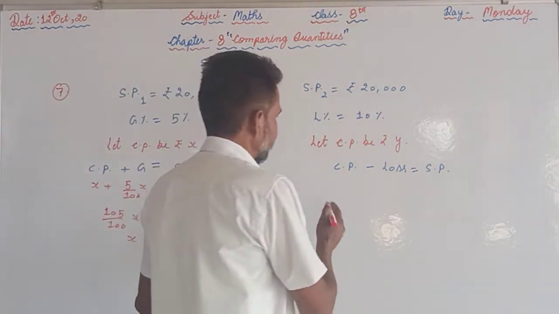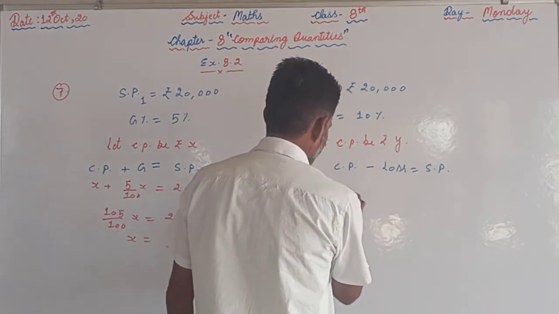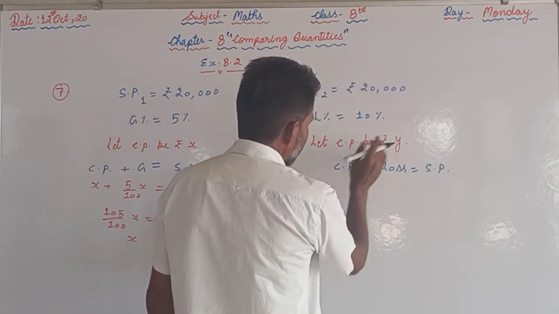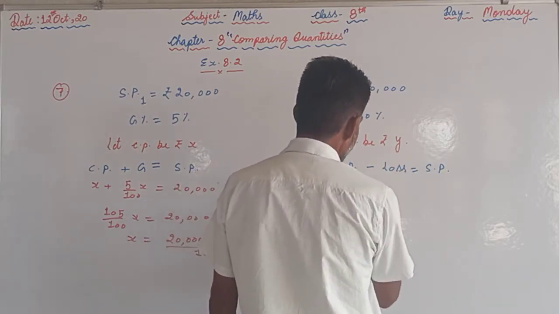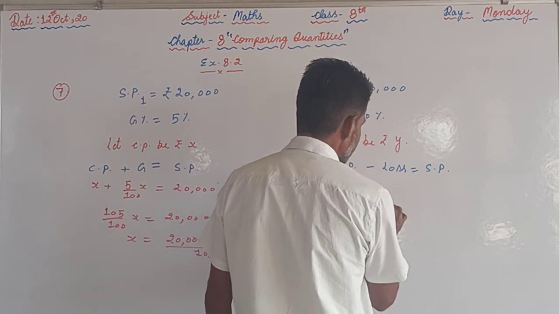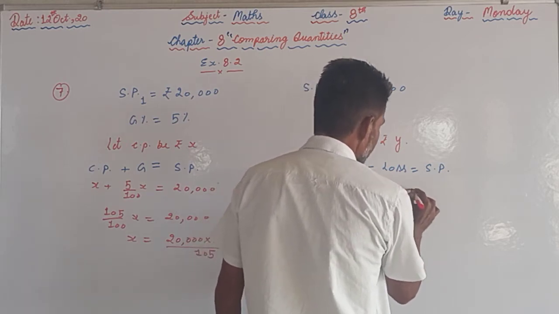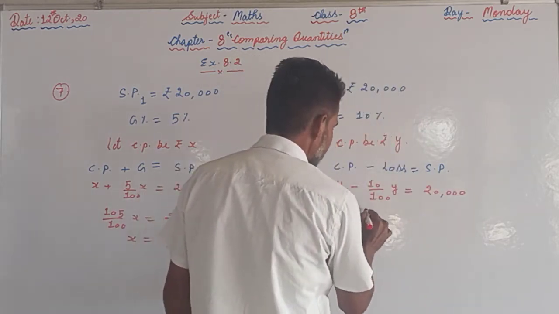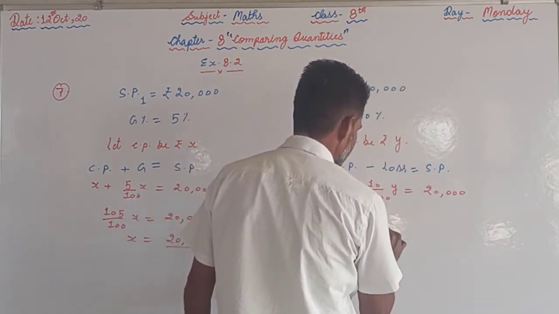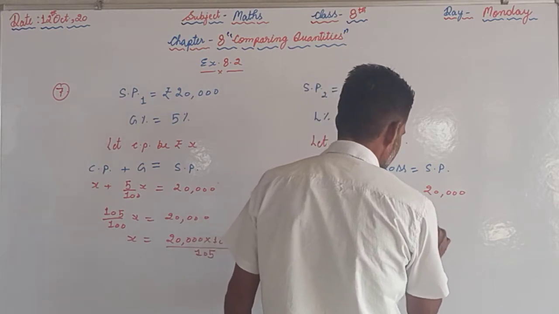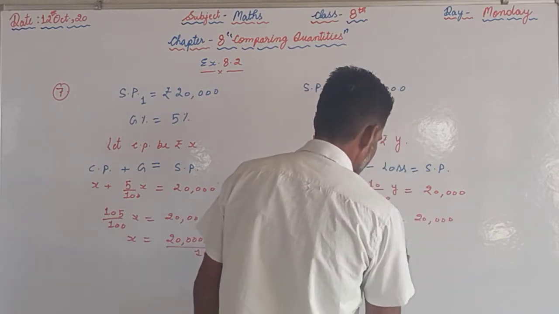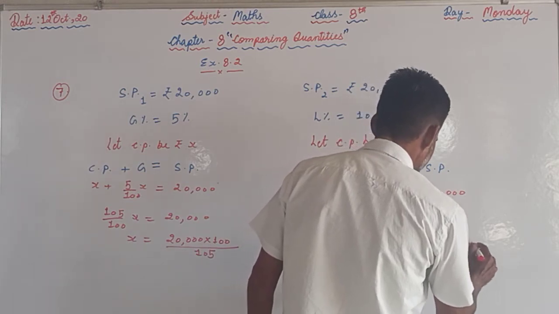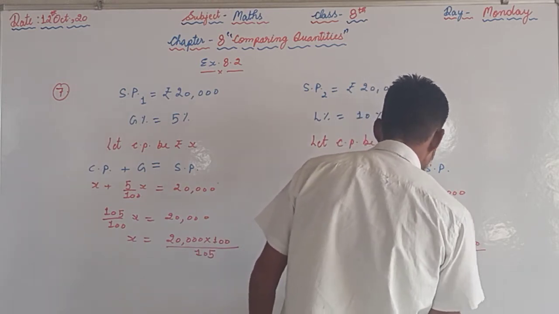Here CP is Y minus loss percent, 10% means 10 upon 100, Y is equal to 20,000, 100 minus 10, 90, so 90 upon 100, Y is equal to 20,000. From here we can calculate Y, that is 20,000 into 100 upon 90.